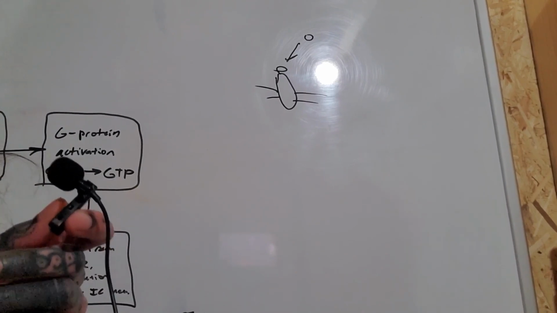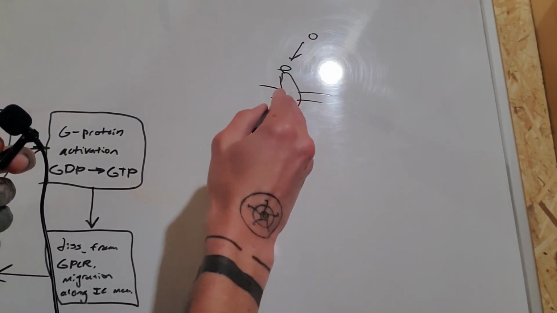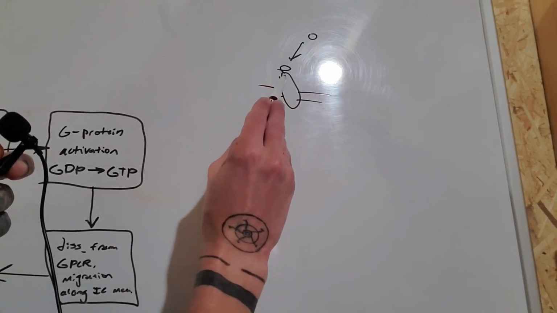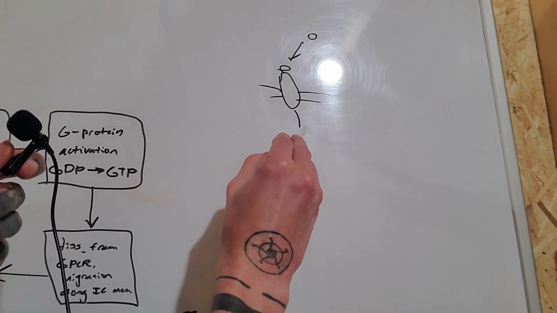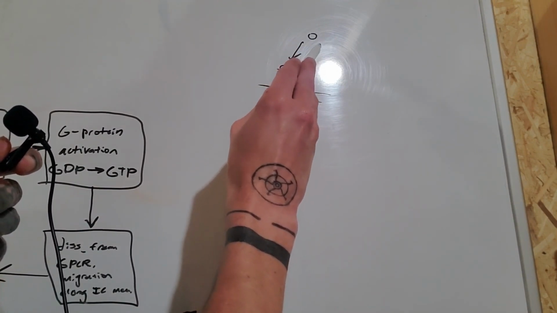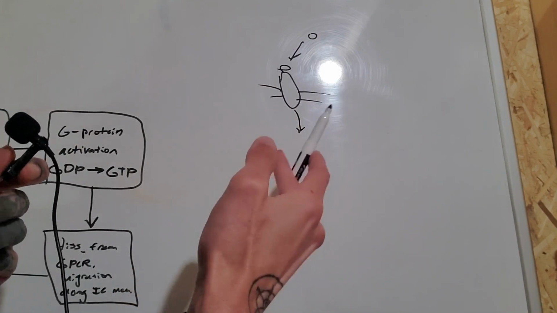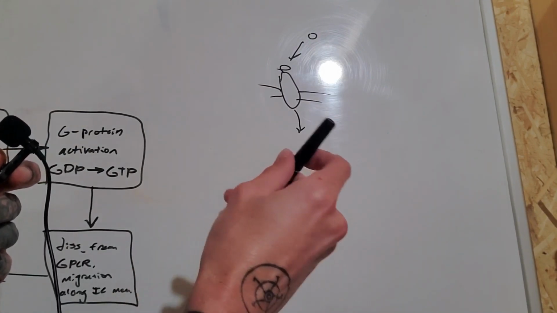So another way we could frame this is we have the initial ligand-receptor interaction. This ligand comes and binds to this receptor. Now this is the primary messenger, the first messenger in this signal transduction, the signal cascade.